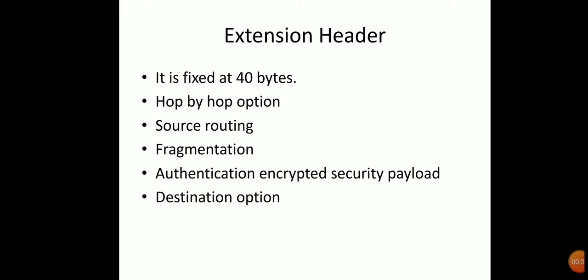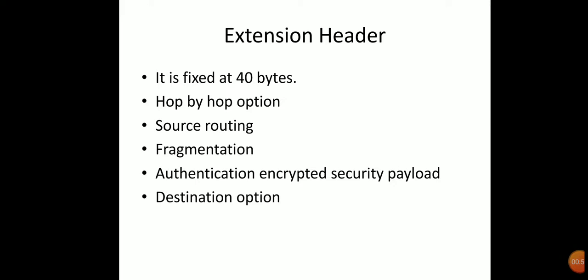The extension header is fixed at 40 bytes, and it has a hop-by-hop option, that is a process to process, and source routing techniques are followed, and fragmentation, then authentication, and encrypted security payload options are here, and then finally destination options are there.